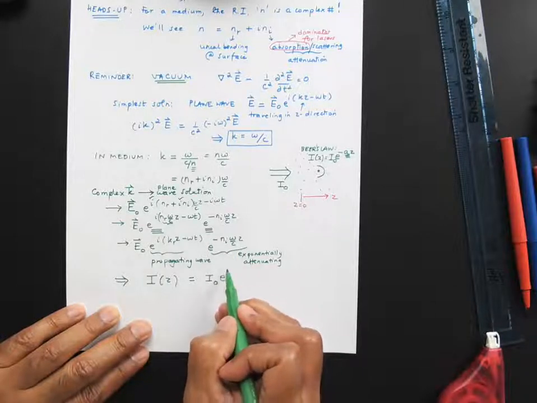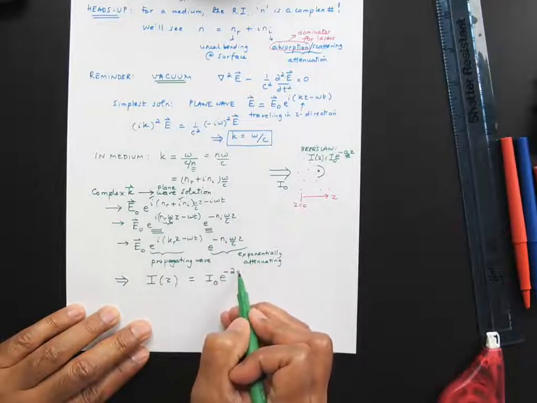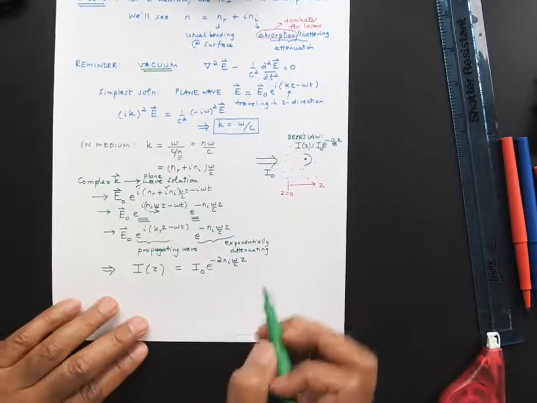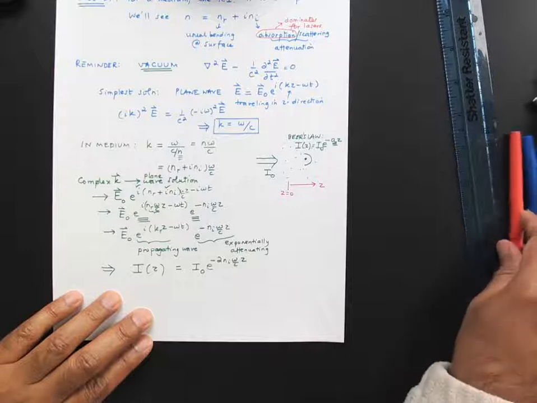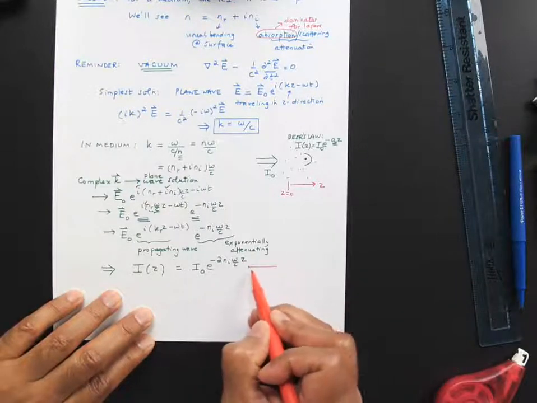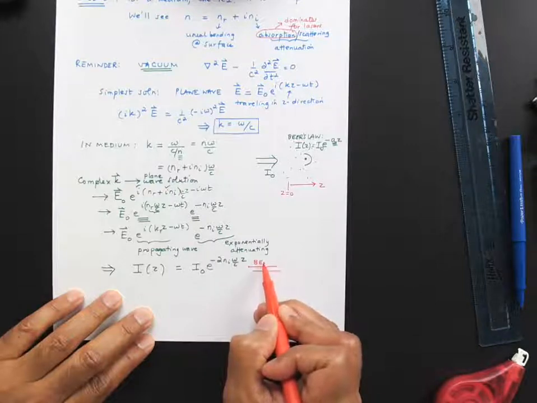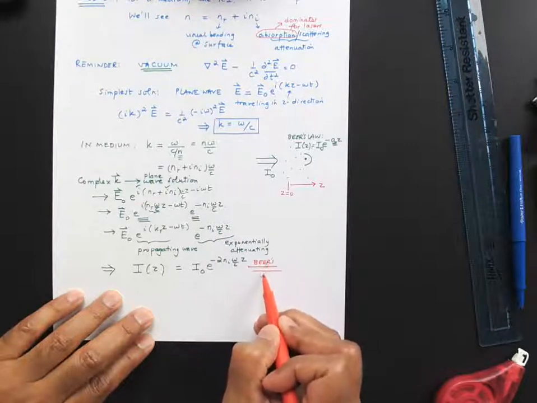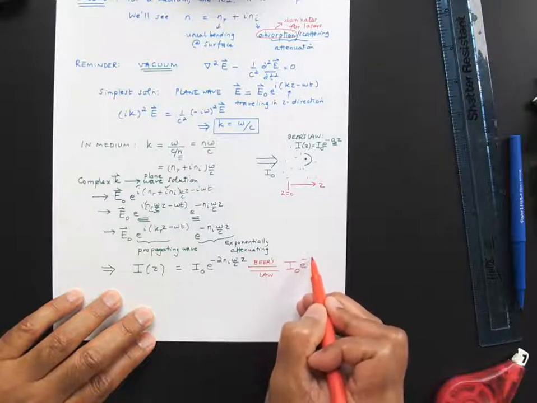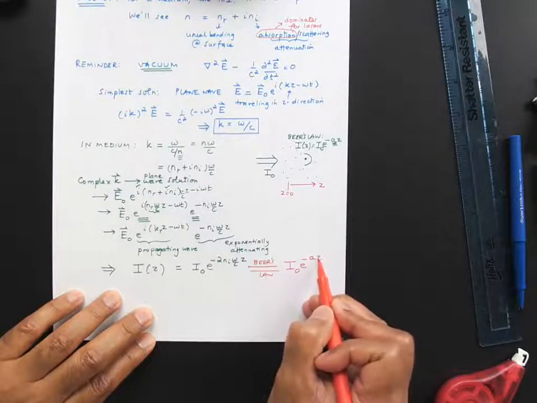So this, when you square it, becomes e to the minus 2 n_i omega over c z. And of course, if you compare this with Beer's law, that was I naught e to the minus attenuation times z.